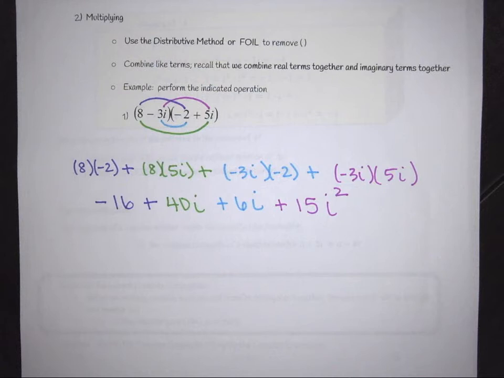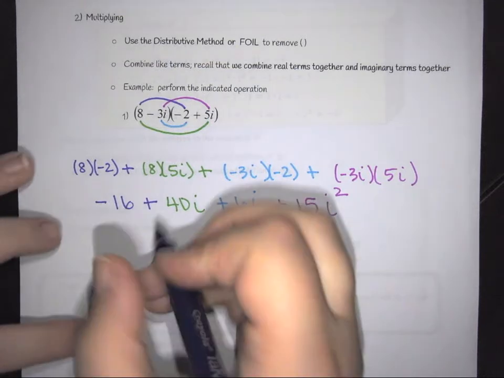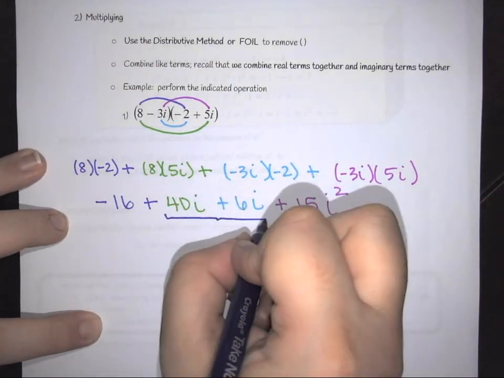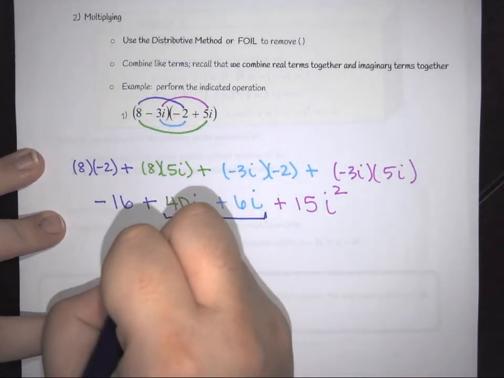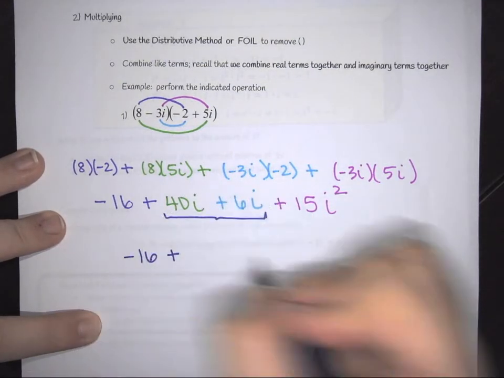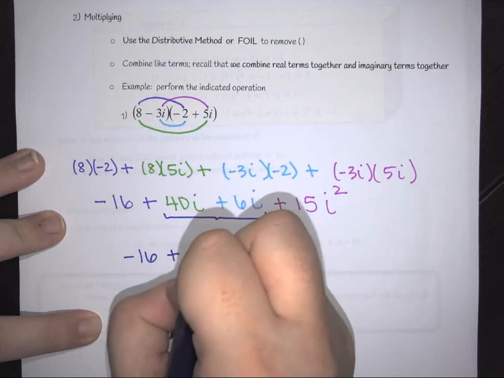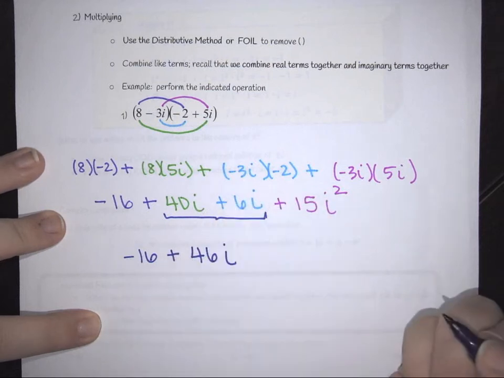So the first thing we have to look at is the fact that we have some stuff to combine here. So when we look at it, first we need to combine my terms. So I have negative 16 plus 40 plus 6 makes it a 46i.